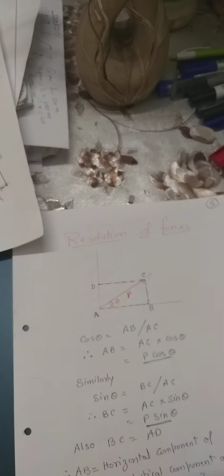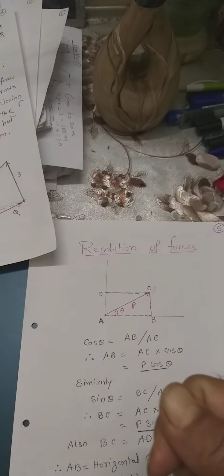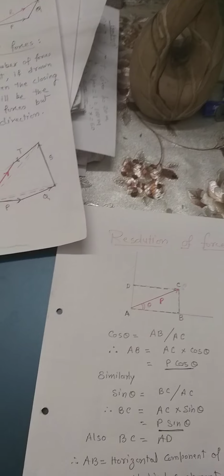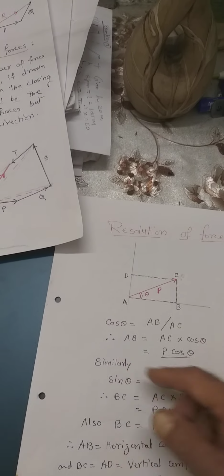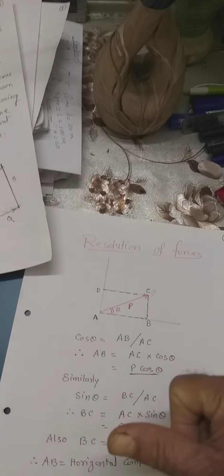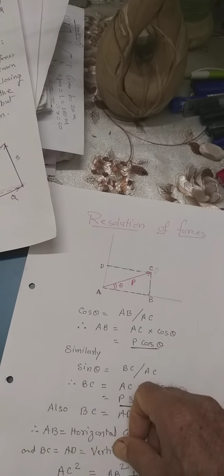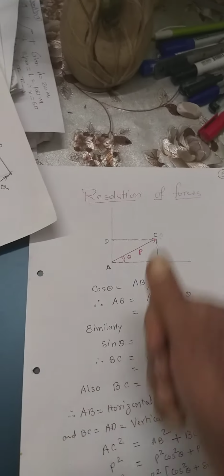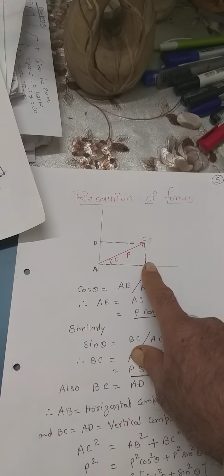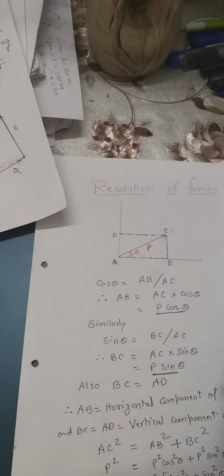If suppose I am applying a force horizontally of 10 kilonewton, only the 10 kilonewton will be applied and the body will try to move in a horizontal direction only. If I apply force in this direction with 20 kilonewton, the body will try to move only in this direction, not in the other direction.